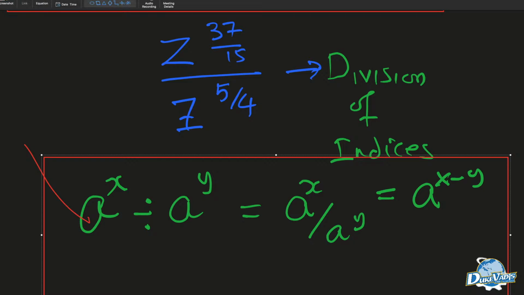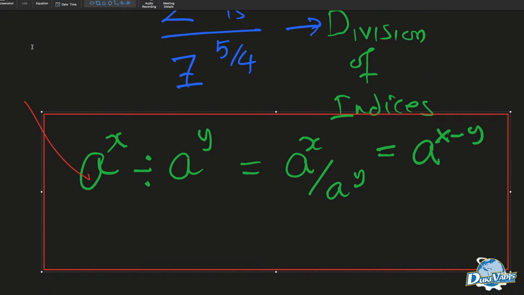Now let's go and sort it out. So z raised to the power 37 over 15, and z raised to the power 5 over 4 is our concern. So let's sort it out.